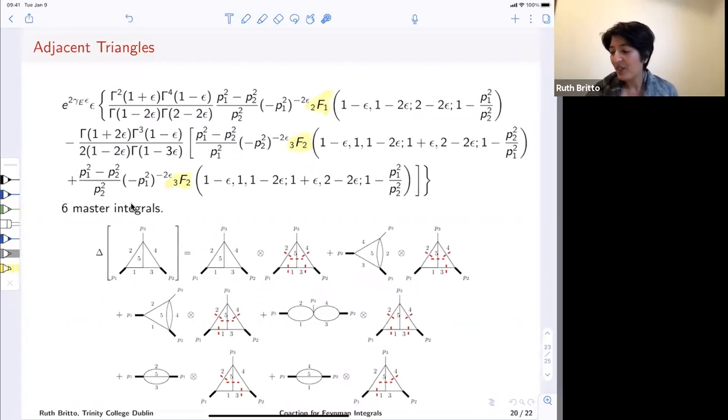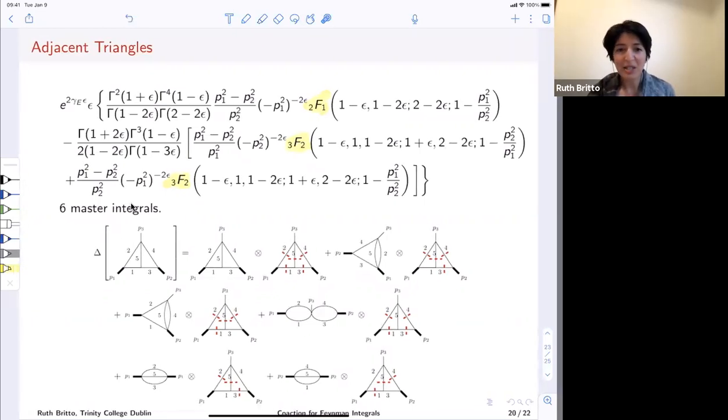Here, this is an example you might have seen me show before. This is very nice because none of the cuts need any additional colors. Because we've got different topologies, this is extremely clean. Precisely every propagator that shows up on the left of the coaction is being cut in the corresponding right entry.